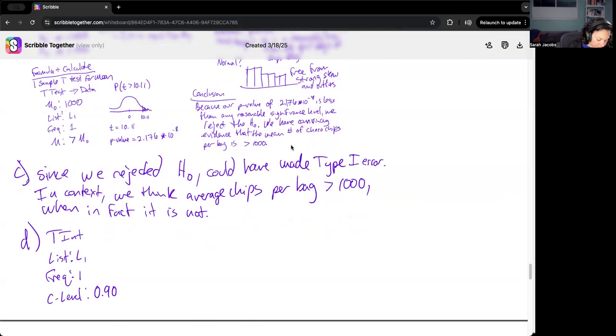When we do that, we're going to get an interval of 1196.9 to 1279.5.